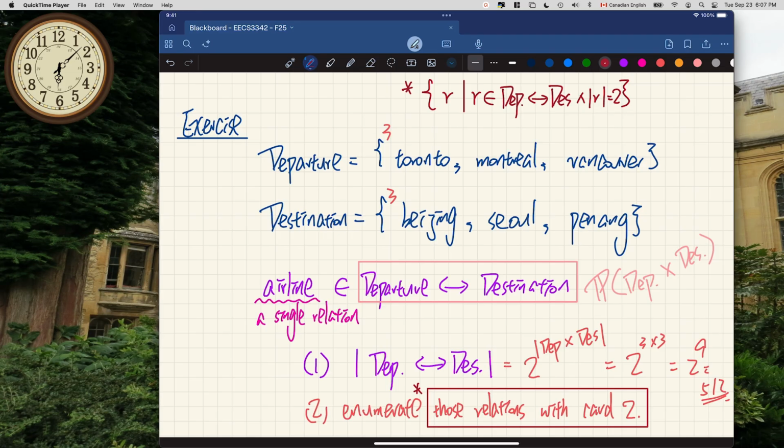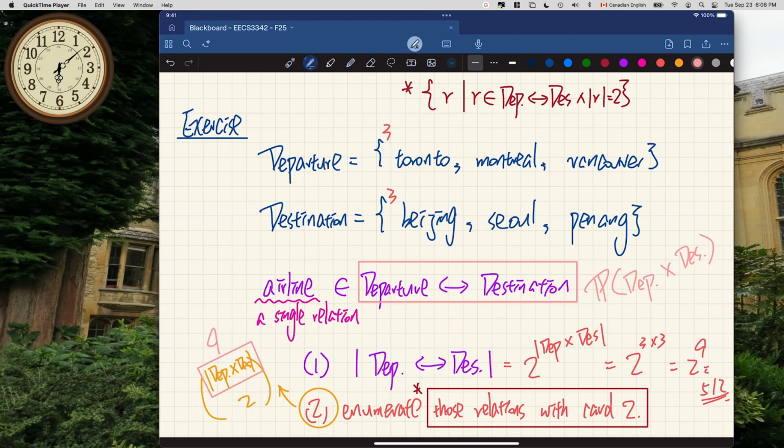Okay, so if you want to enumerate this, how many do you need to enumerate? How many? Yeah, because that one there basically is going to be some choose operator, and we know the maximum relation is really the cross product between these two, right? So you can think about this one here. It's going to be the cardinality of departure cross product destination, choose 2. And we know that this one here is actually 9.